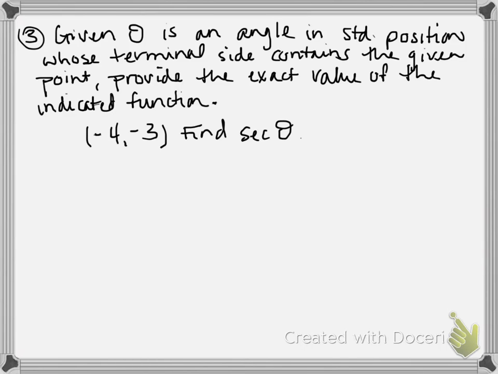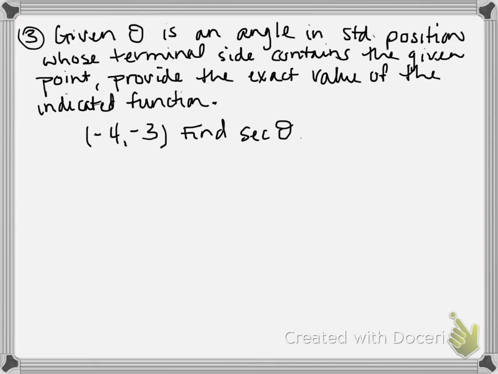In addition to talking about radians and degrees, we also talked about how you could have triangles positioned in the coordinate plane, and how the position of the triangle could be indicated by positive or negative x values and positive or negative y values, and how that affected sine, cosine, and tangent.